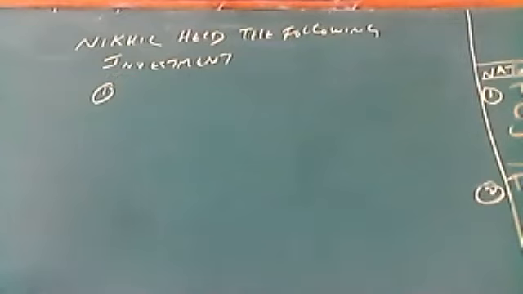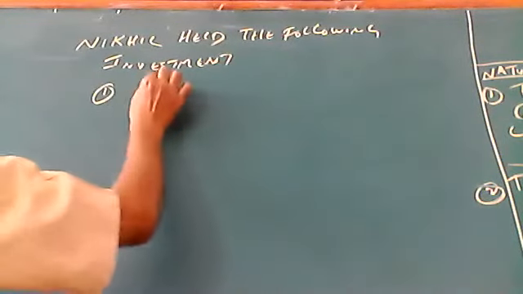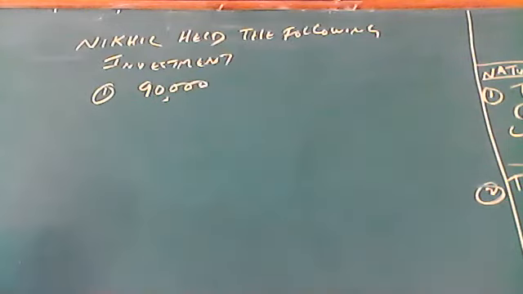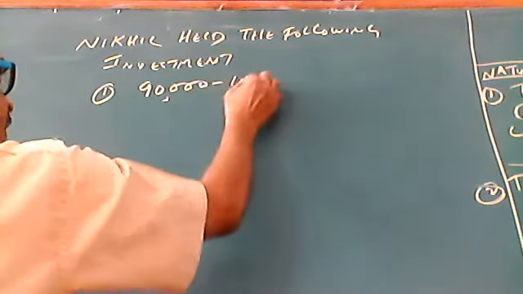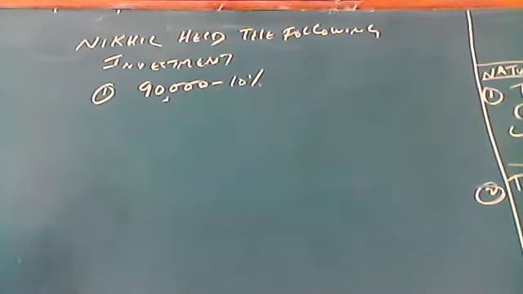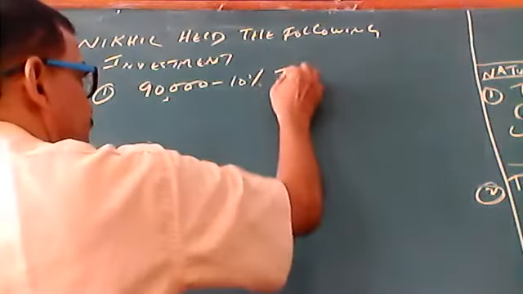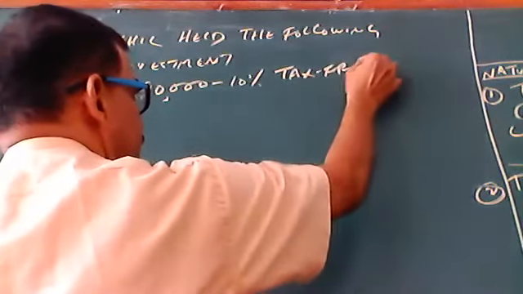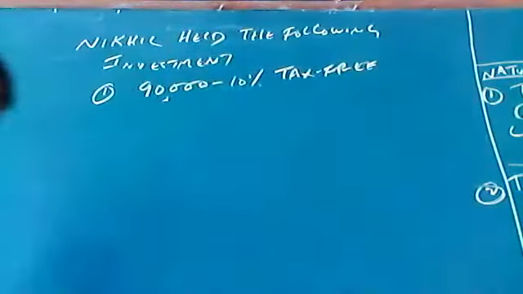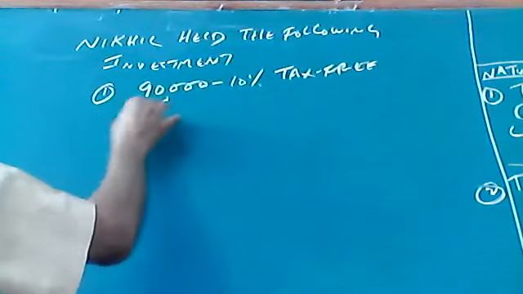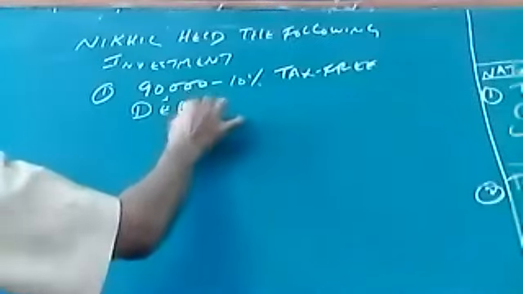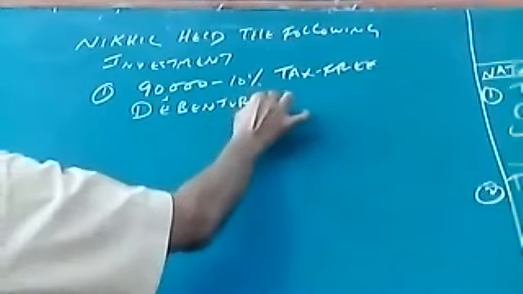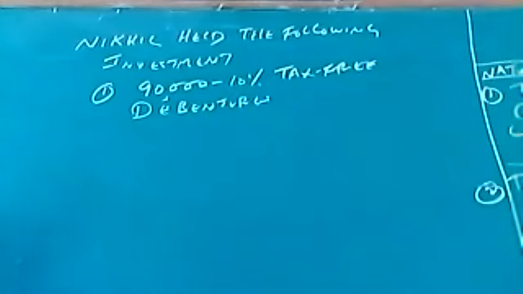First, 90,000, 10% tax-free debentures of a listed company.